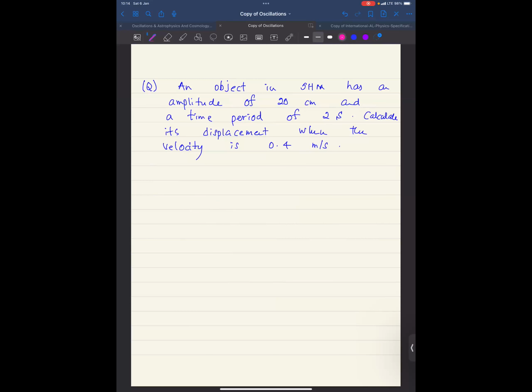Calculate its displacement when the velocity is 0.4 meters per second.